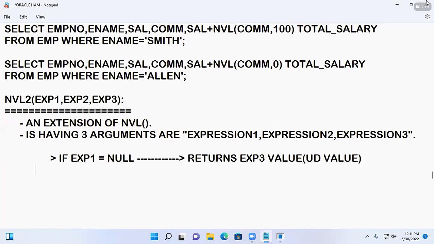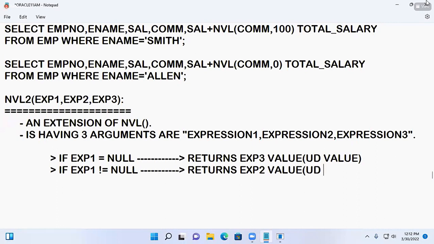And if your expression 1 is not equal to null, then it returns the expression 2 value, and this is also a user defined value.